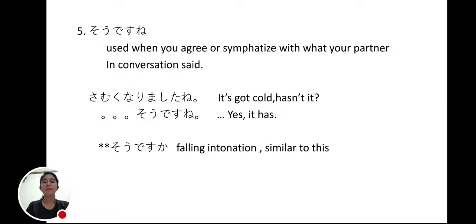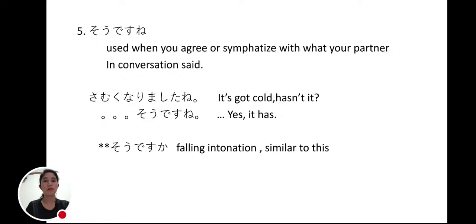And then, please don't be confused with so desu ka. So desu ka has a similar meaning, just a similar expression. We studied so desu ka in lesson 2 and lesson 6. However, this so desu ka has a falling intonation.